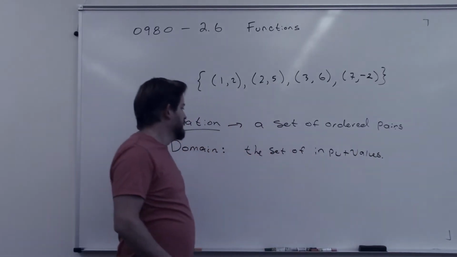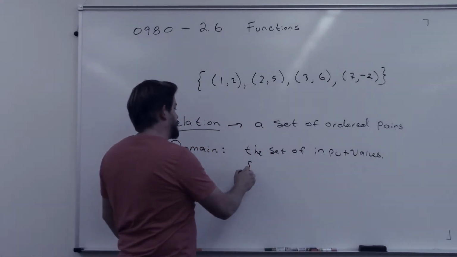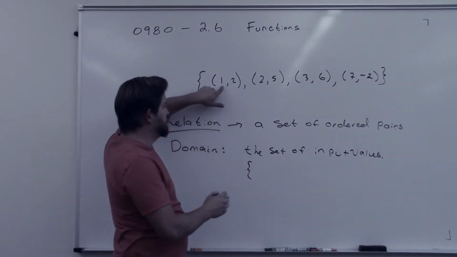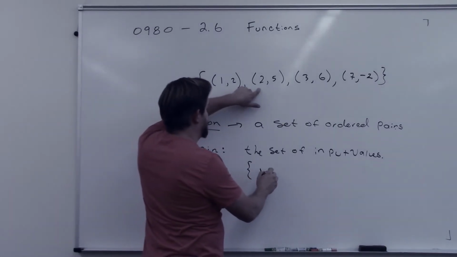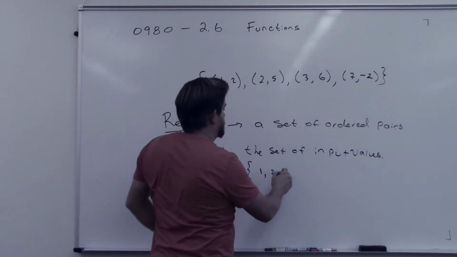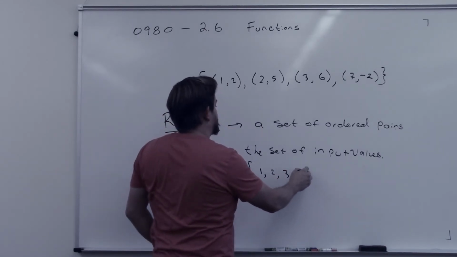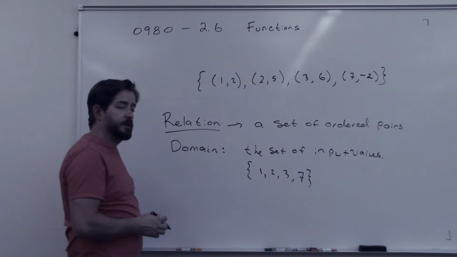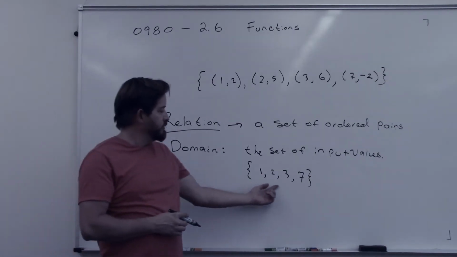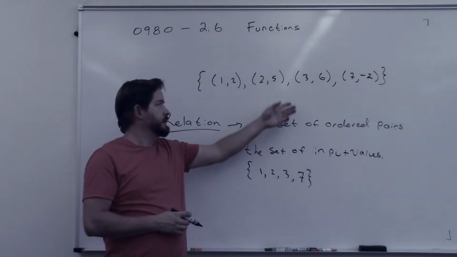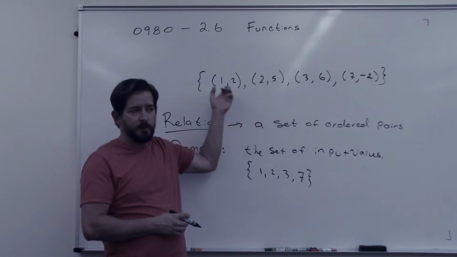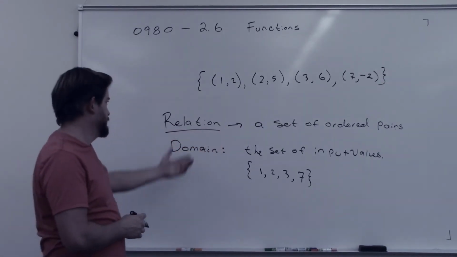The domain here is a set of numbers itself, but it's all of the input values. So 1, 2, 3, and 7 in this case. Those are all of the values for which, if I input these numbers, I can get an output defined by this function, or this relation.